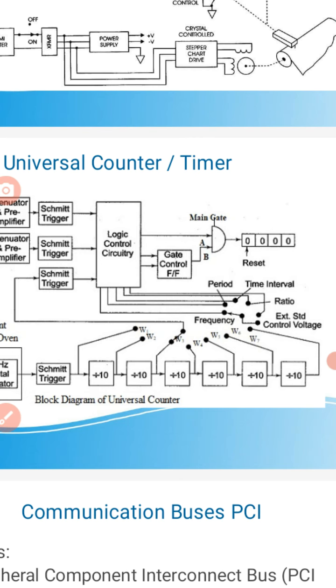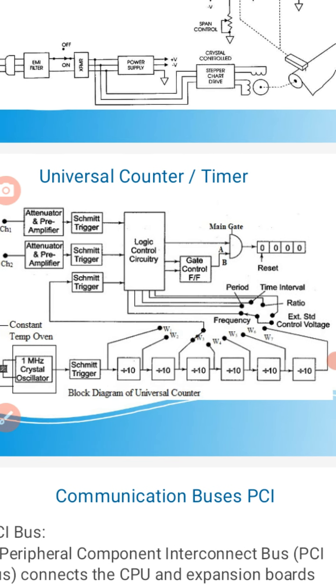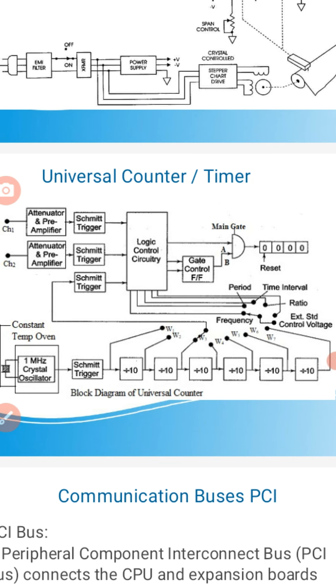The second input to the main gate is derived from gate control flip-flop. The gate control flip-flop is controlled by the output of the logic control circuitry. The crystal oscillator generates an output voltage at 1 MHz and is sinusoidal in its nature, so it requires a Schmitt trigger.